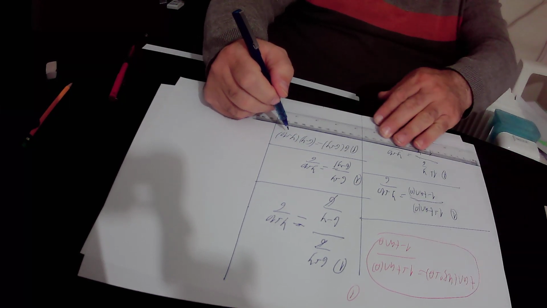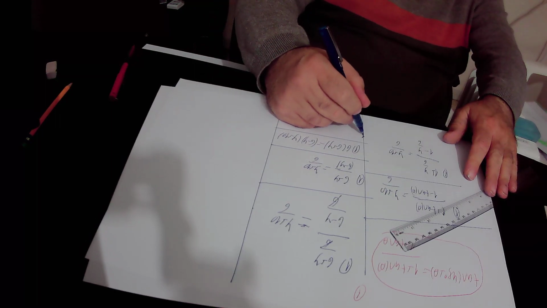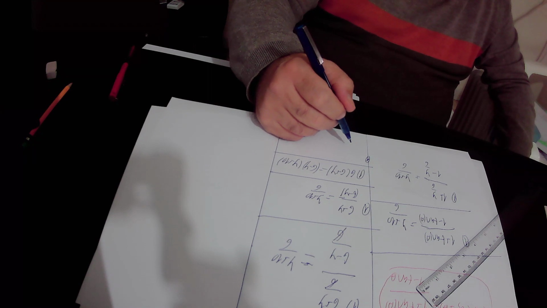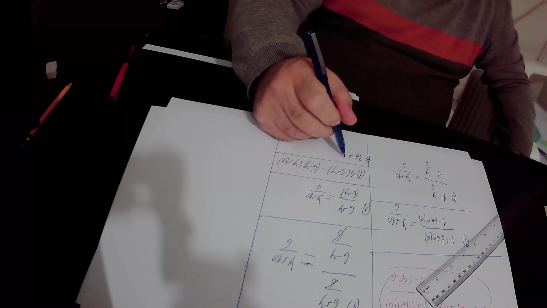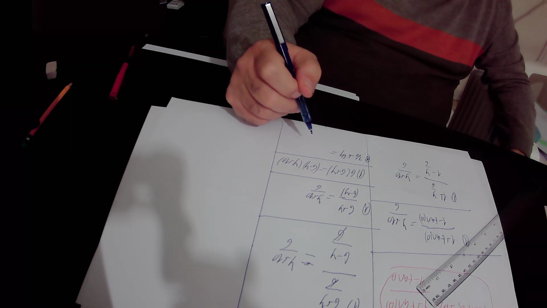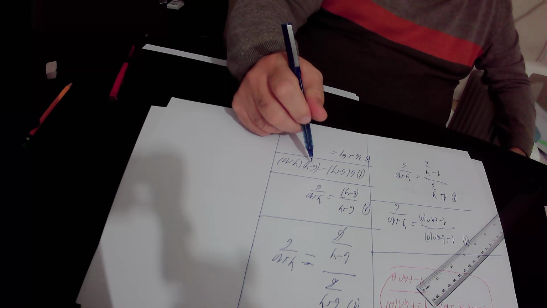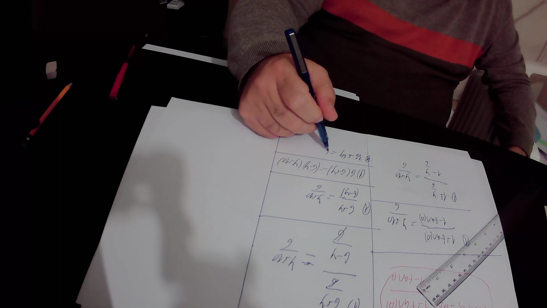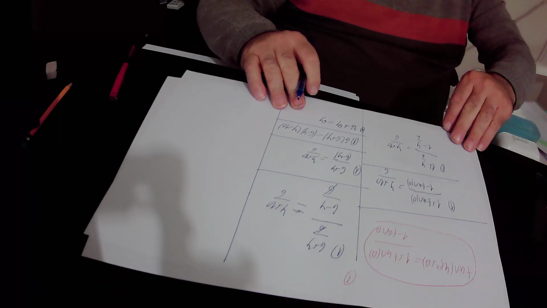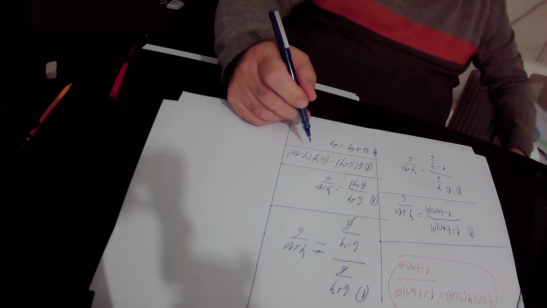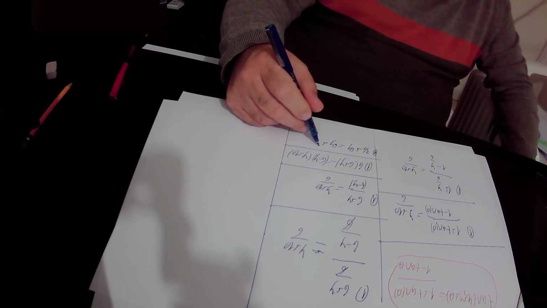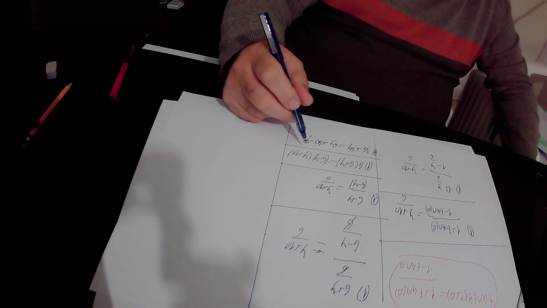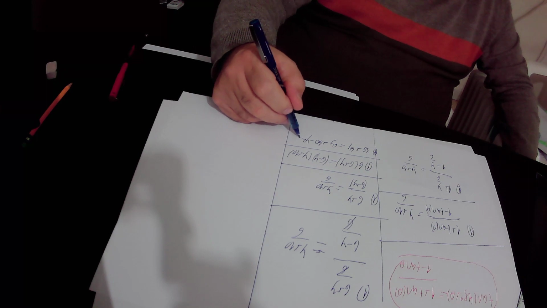We will open the brackets on both sides of equation number 1 and we will get 6 times 6 is 36 plus 6y equals 6y, 6 times 10 is 60, minus y times y is minus y squared, and minus y times 10 is minus 10y.